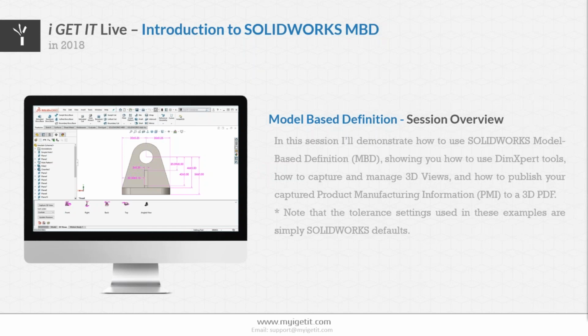Definitely not all the details that are entailed, but going from beginning to end, showing you some DimXpert tools, so how to fully define a model in the DimXpert using annotations, then how to capture 3D views that represent that PMI, or product manufacturing information, and then how to publish those views out to a 3D PDF, which is a pretty neutral file format for sharing this type of data. It'll be opened in any PDF viewer. So moving on.